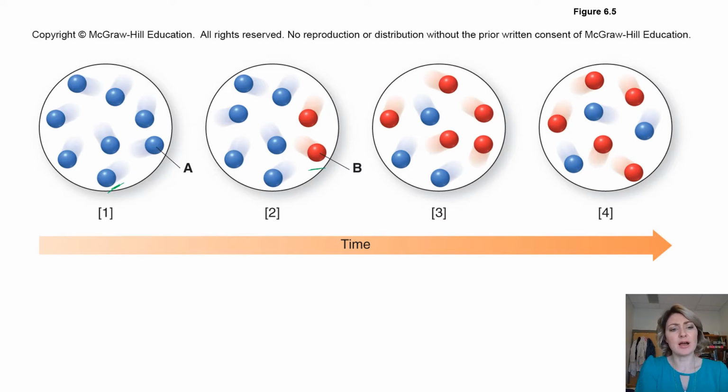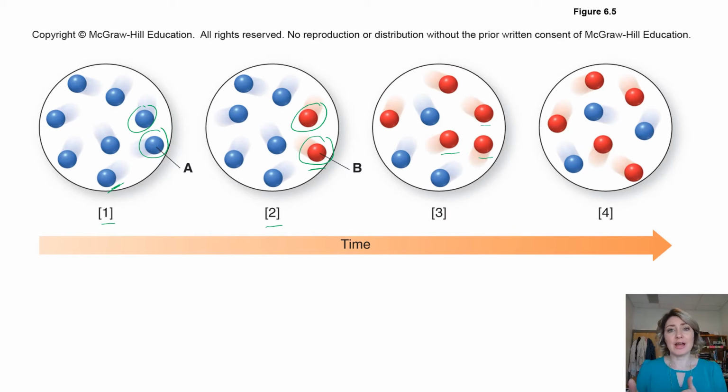Over the course of time, the difference between 1 and 2 is that A is being slowly converted to B. Typically when we think about reactions, we would stop as soon as all of A is converted to B. But since this is an equilibrium and it's a reversible reaction, we know that B can be reconverted back into A. So over time, as we notice in image 3, we are increasing the amount of B.